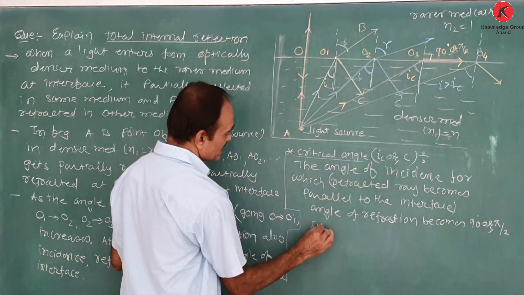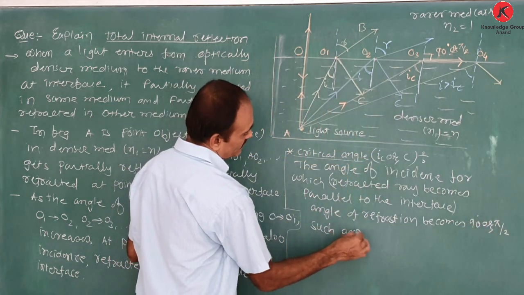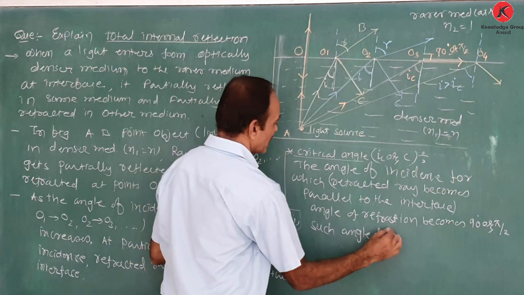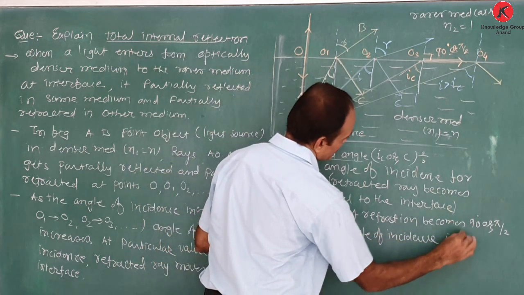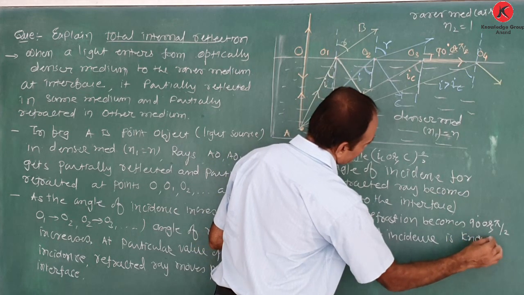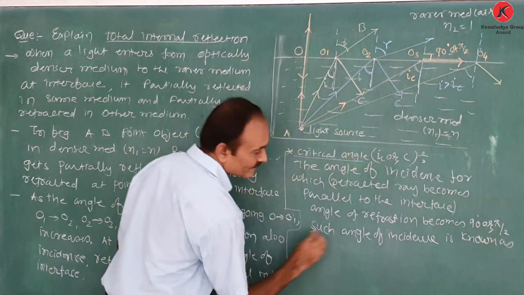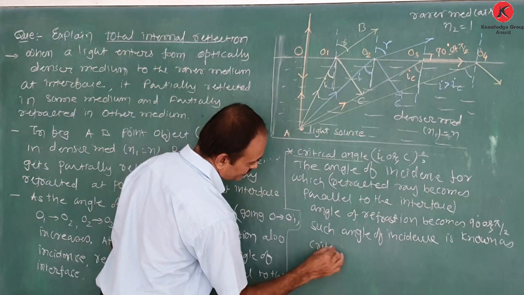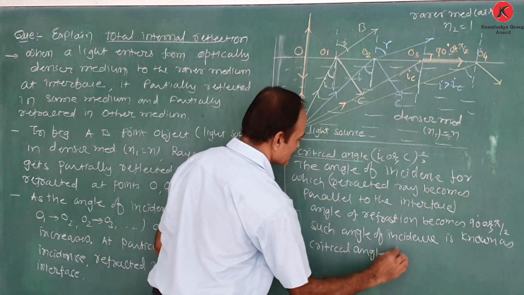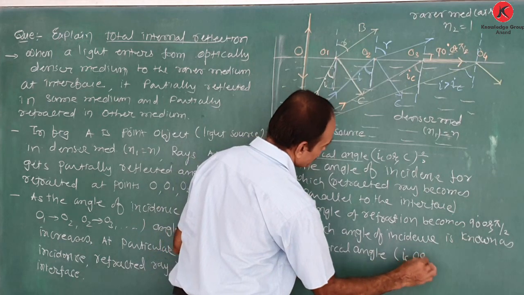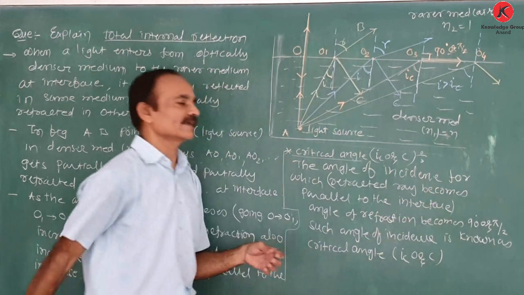Such an angle of incidence is known as the critical angle, and that is denoted as IC or sometimes only C for the critical angle.